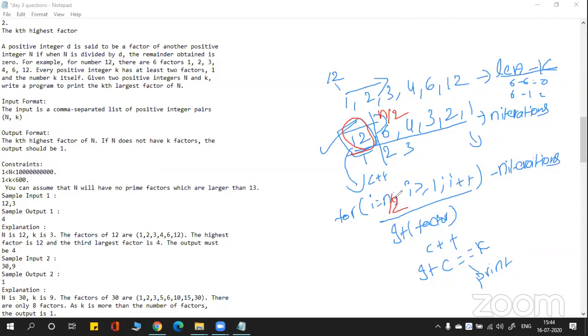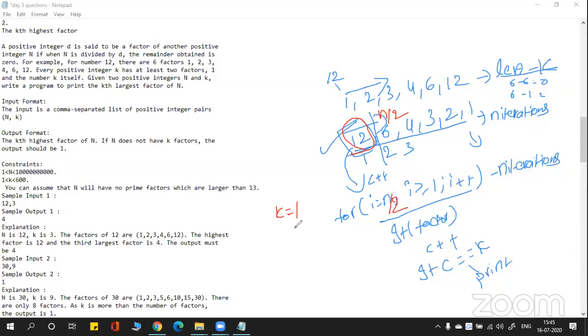But if you're starting from n by 2, we should be careful. I'll tell you what changes we should make. We should add one more condition. For example, if k is equal to 1 and I'm starting from n by 2, what will my output be?